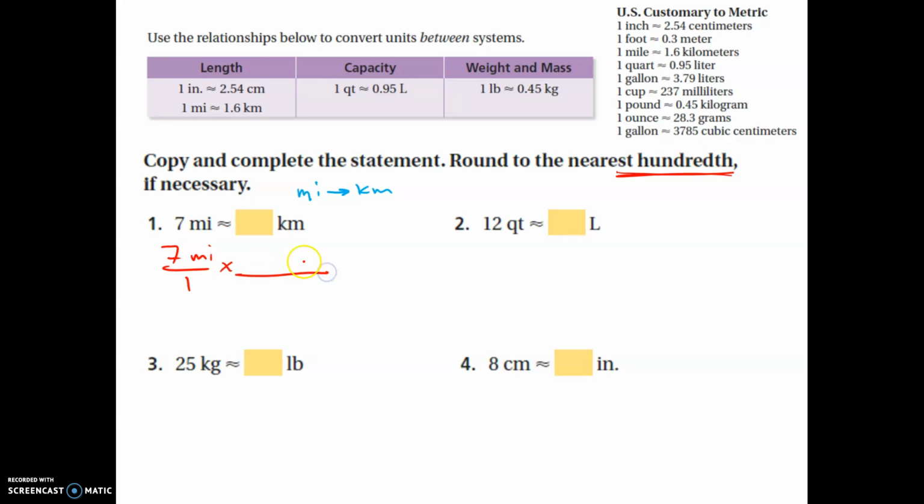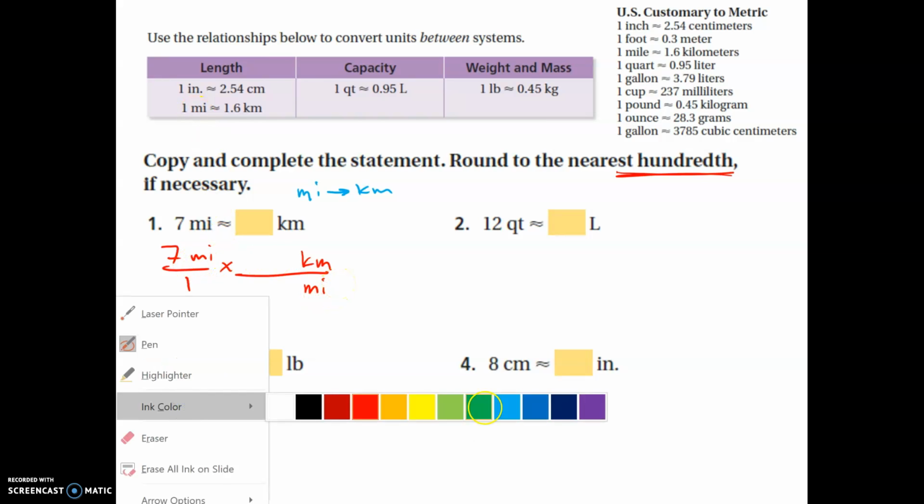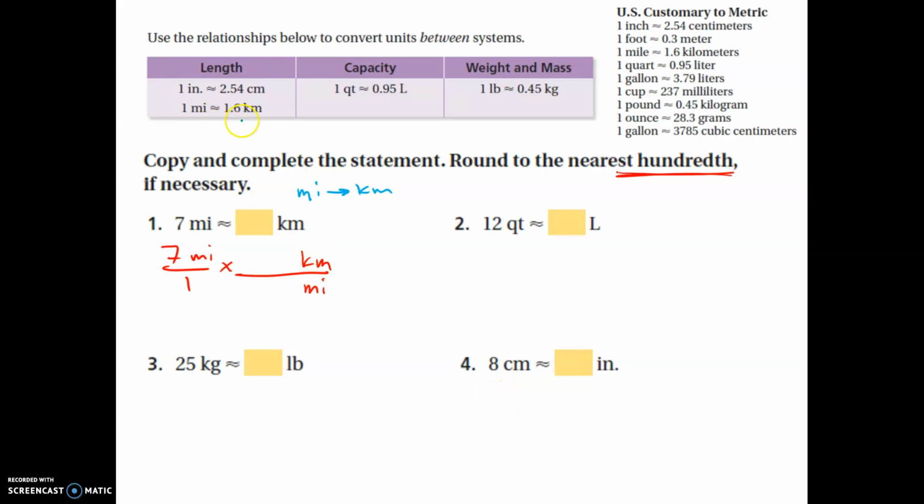And then we need to get kilometers, and miles goes on bottom. Remember, why do miles go on bottom? Because eventually we're going to cross cancel. So let's plug in our numbers now. 1.6 kilometers to 1 mile. And now we make sure that we can cross cancel. Boom, miles, that's gone. And here's where you use your calculator again. 7 times 1.6 will be 11.2 kilometers.